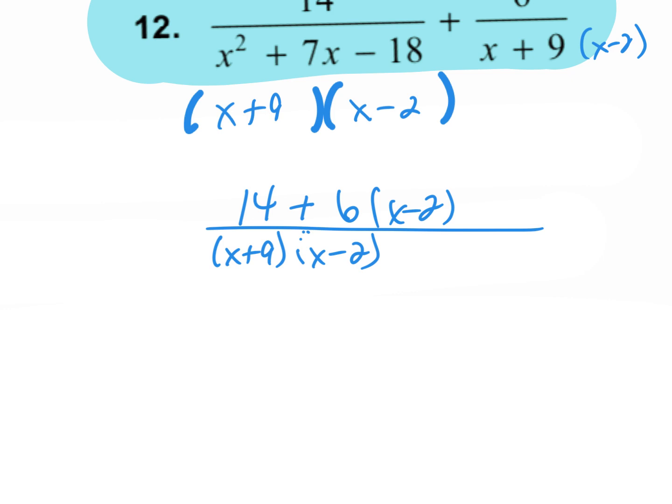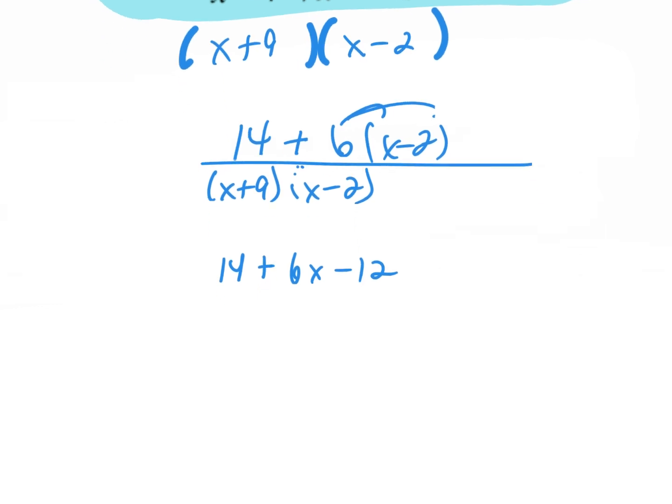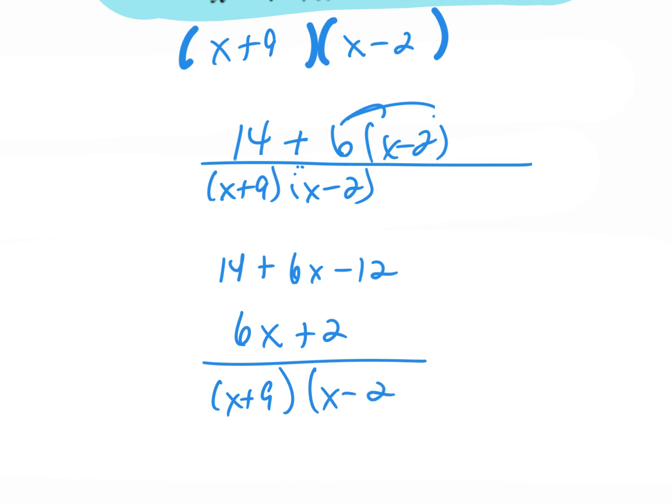No. You cannot, because that 6 times x minus 2 is attached to that positive with the 14. You have to distribute and then combine. So I have 14 plus 6x minus 12. What can I combine here? 14 and negative 12 gives me 6x plus 2 over x plus 9, x minus 2.